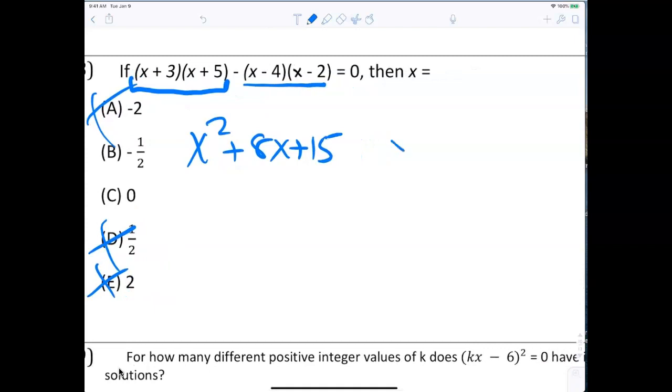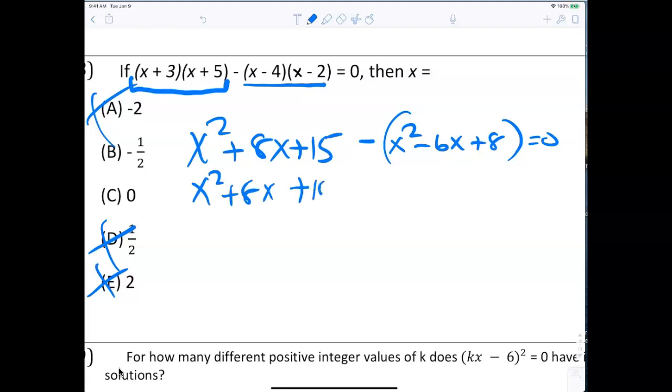That becomes x squared minus 6x plus 8. The problem is you're subtracting and setting it equal to 0. When you subtract, you're distributing the negative: x squared plus 6x minus 8 equals 0.